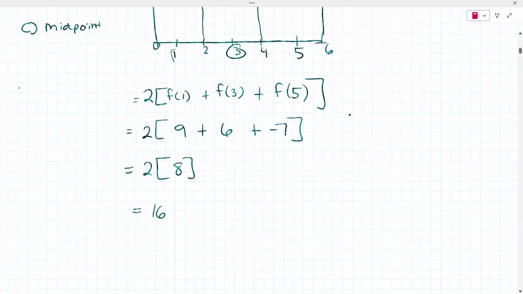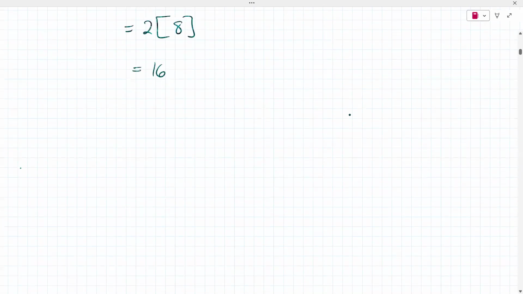Okay, so that was the midpoint rule. Now let's do trapezoid. So in trapezoid, if you kind of drew it a bit, it would look something like this.